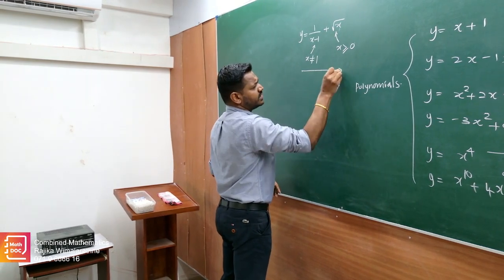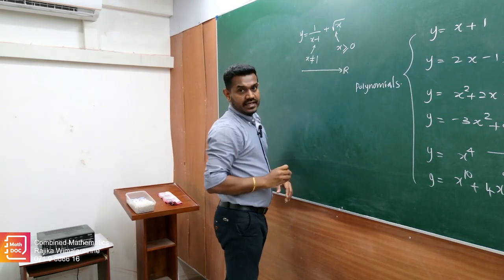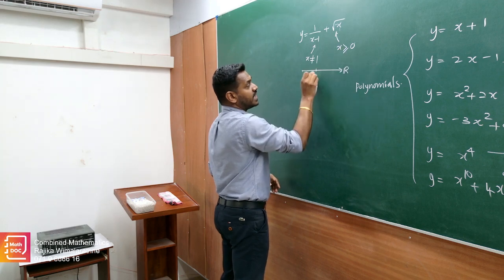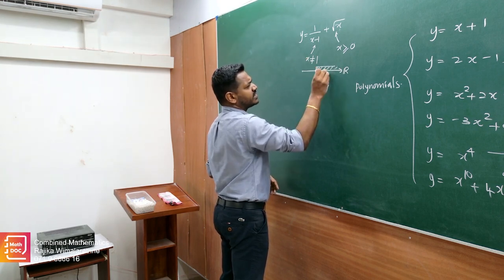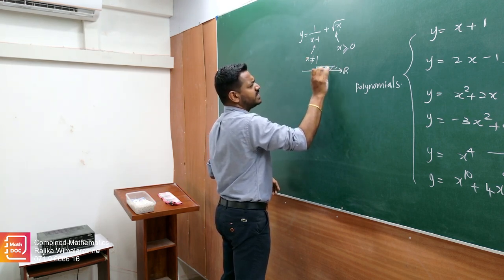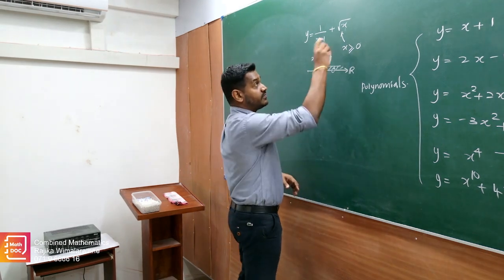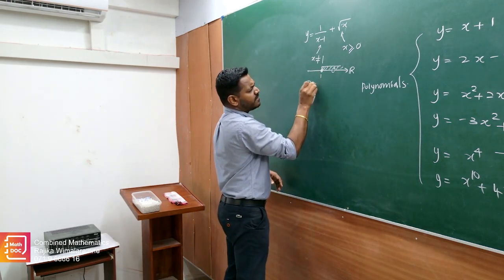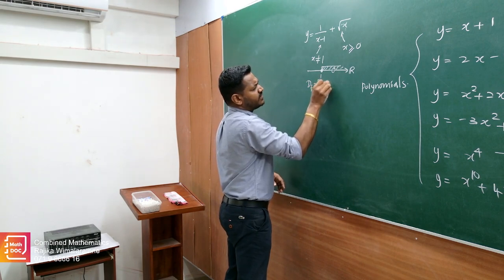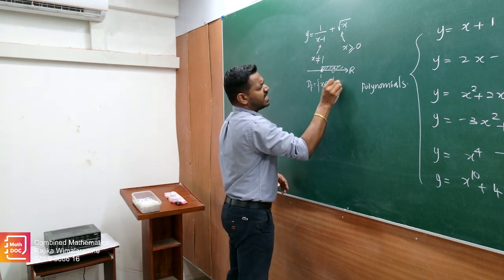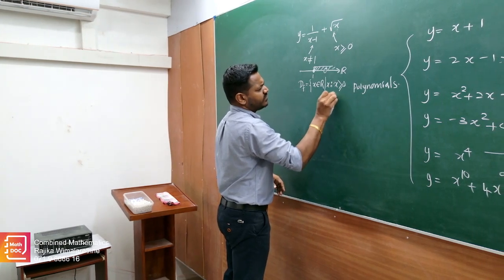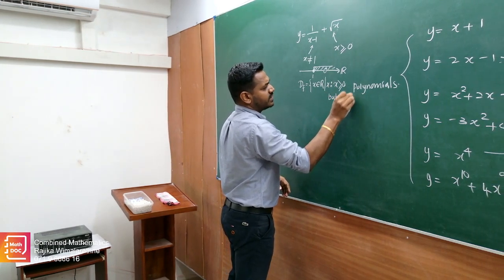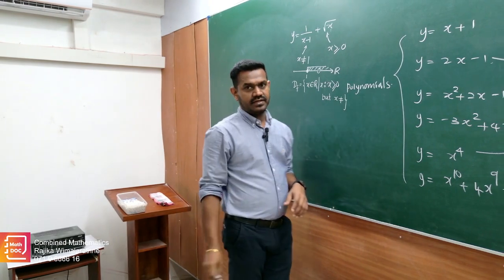So when you mark on a number line, x greater than or equal to 0 must be selected, and x not equal to 1 must be eliminated. Therefore, here the domain is the real values x such that x is greater than or equal to 0, but x is not equal to 1. That is the domain.